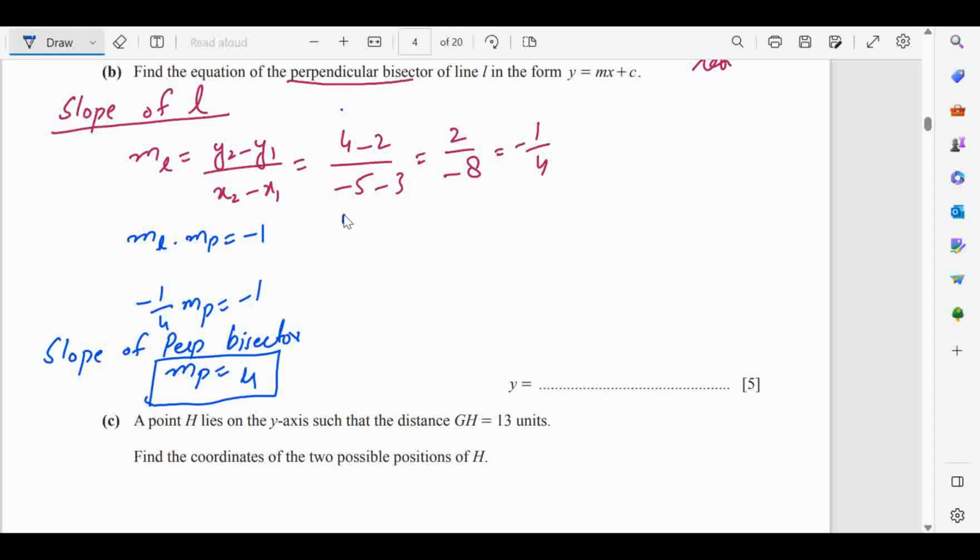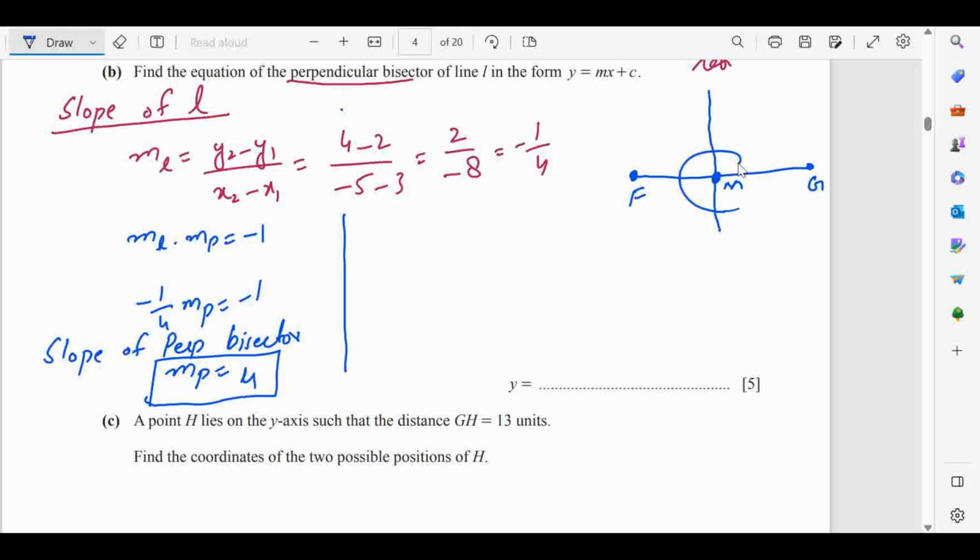Let's find out the midpoint, because for the equation of the line we need a midpoint. If we have a straight line and we want to find the equation of the perpendicular bisector, one thing we are sure about is that if this point is F and this point is G, then this point will be the midpoint.